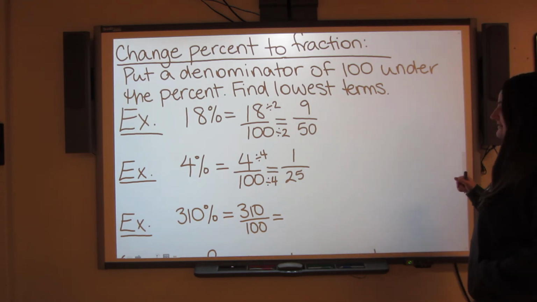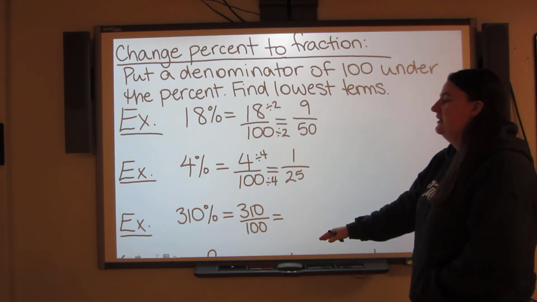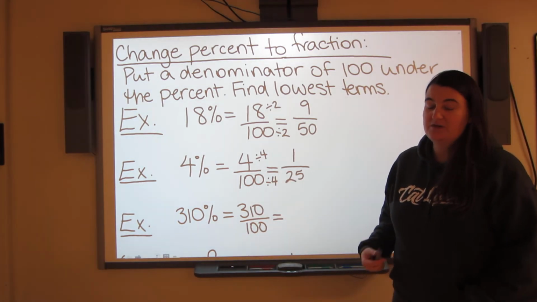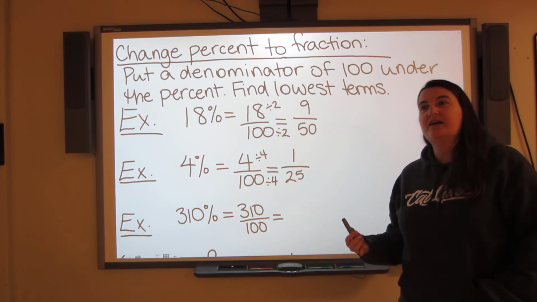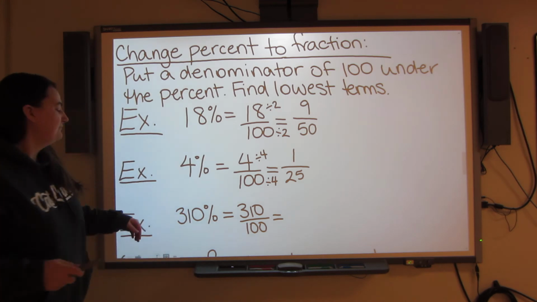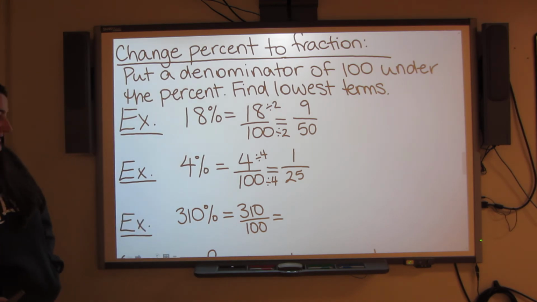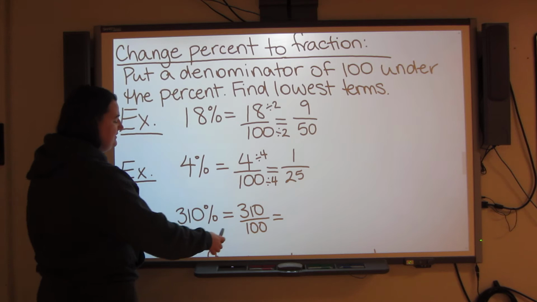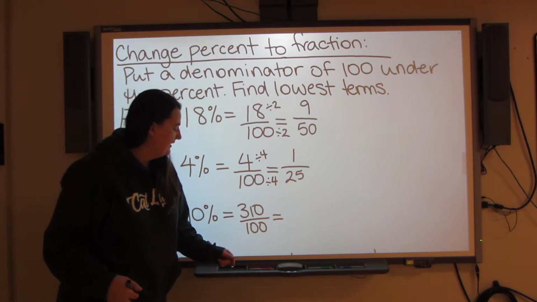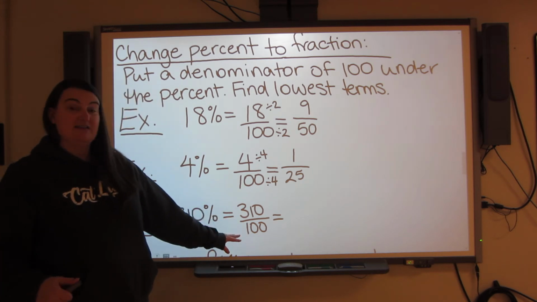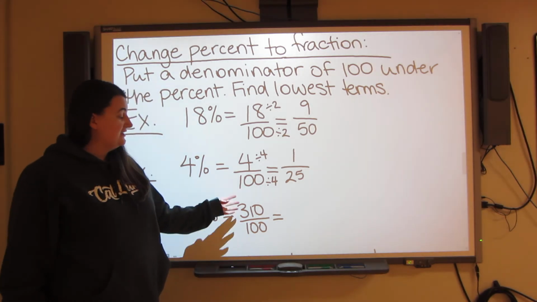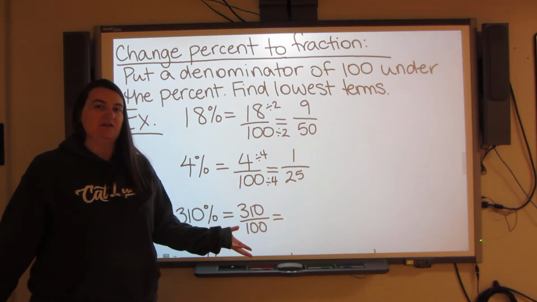All right, the last example that we're going to do is this one down here. This is a percentage that is more than 100, which is kind of weird. How can you have something out of 100 that's bigger than 100? But just go with it. So I have 310%. All I do is put whatever that percent is as my numerator, 310, and my denominator stays as 100. I still need to find lowest terms. This is just an improper fraction, it's not a big deal.